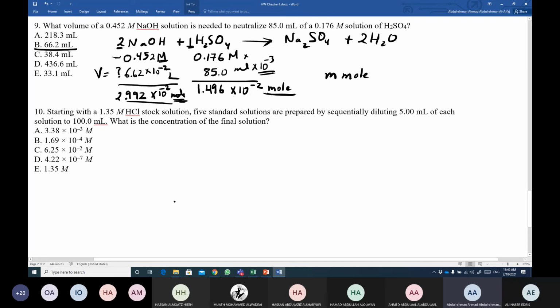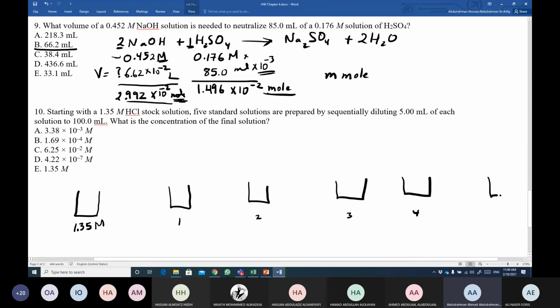Good. Okay. Last question in the homework. I have a solution which has a concentration of 1.35 molar. And they want to prepare 5 new solutions: 1, 2, 3, 4, and 5.